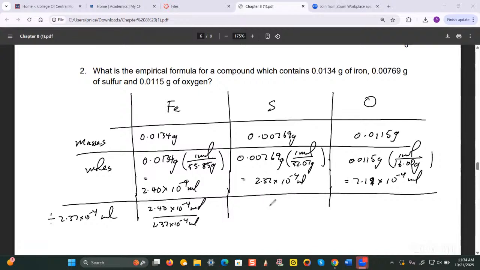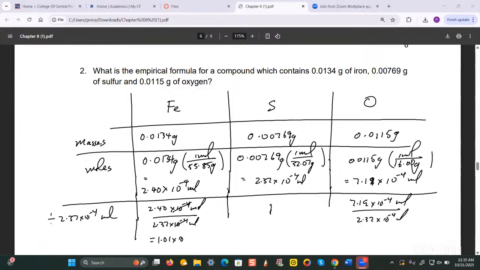The sulfur divided by itself will give you 1, and 2.40 divided by 2.37 gives 1.01, since the 10 to the minus 4 cancel out.